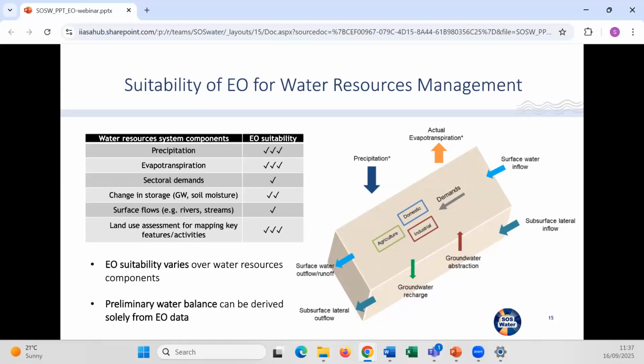One nice thing to note here is that with Earth observation alone, it's already possible to create a preliminary water balance. So for your studies on water resources management, even with Earth observation data alone, you can already find some bottlenecks or trends which you can strengthen with in situ observations or modeling.